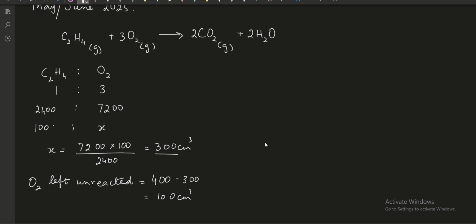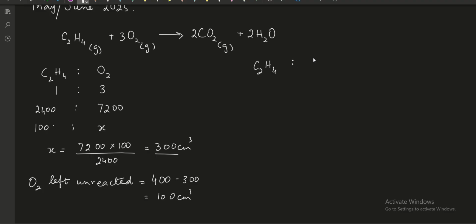The rest of it would react. Now since oxygen is present in excess, our limiting reactant is ethene. So what is the ratio of ethene and carbon dioxide? Since carbon dioxide is also gas, we have to find out what is the total amount of gases which are present at the completion of the reaction.